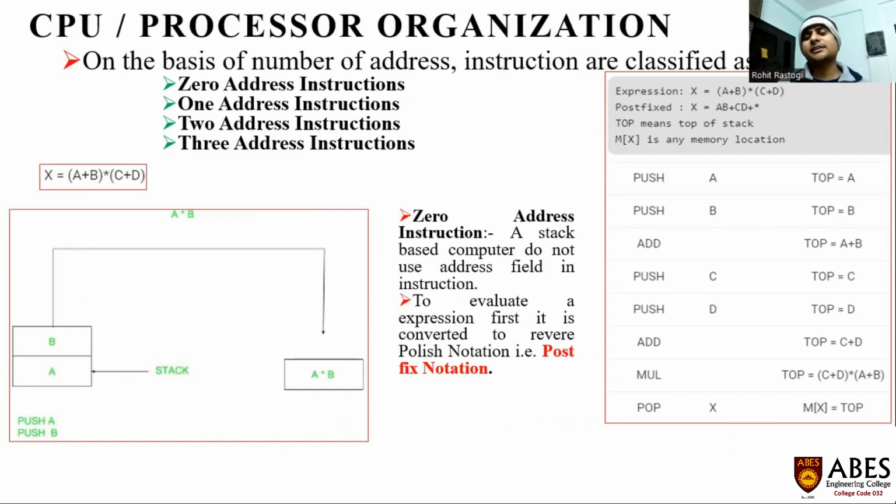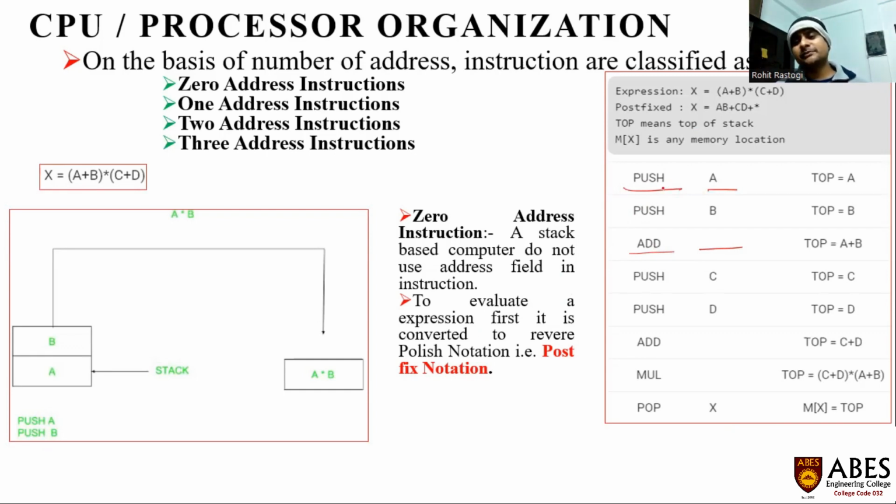These numberings are given as per the number of operands after the operator or the instruction code. Here we can see that this is a push operation and one operand is there, so it is a one address instruction. This is the add operation and no operand is given, so it is a 0 address instruction.